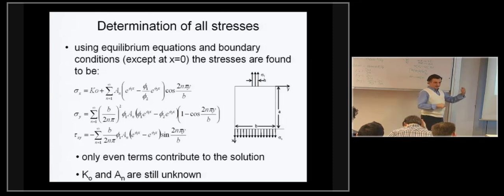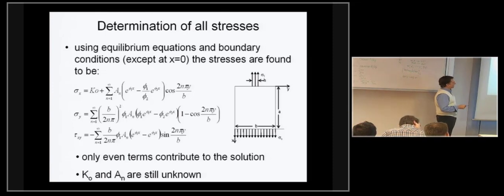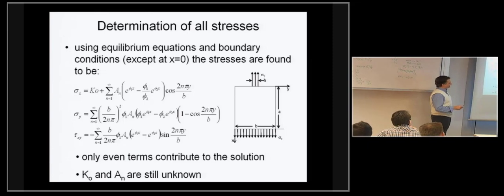This is the reason why these appear as even. N becomes 2n, so that both on this edge and on that edge I can satisfy the boundary conditions for sigma y. Similarly, if you take the tau xy expression and you check its values at the 4 edges, you will find that it's 0, so it satisfies the boundary conditions.